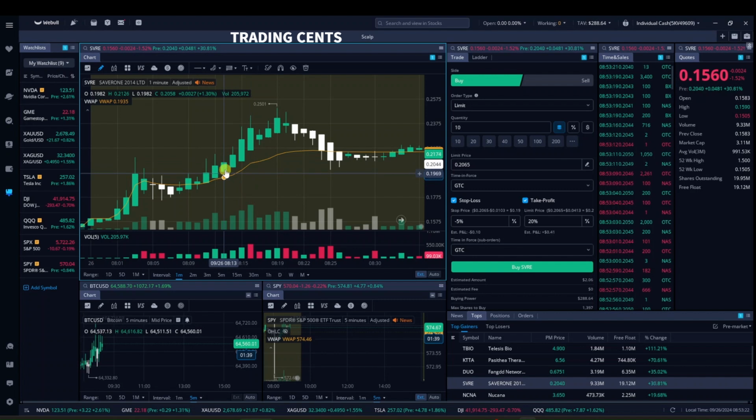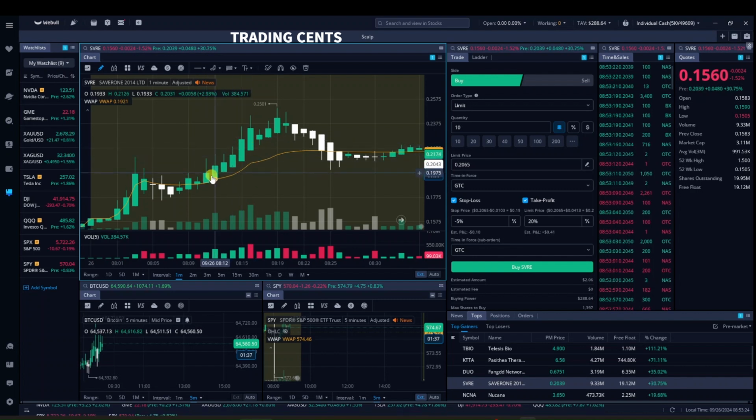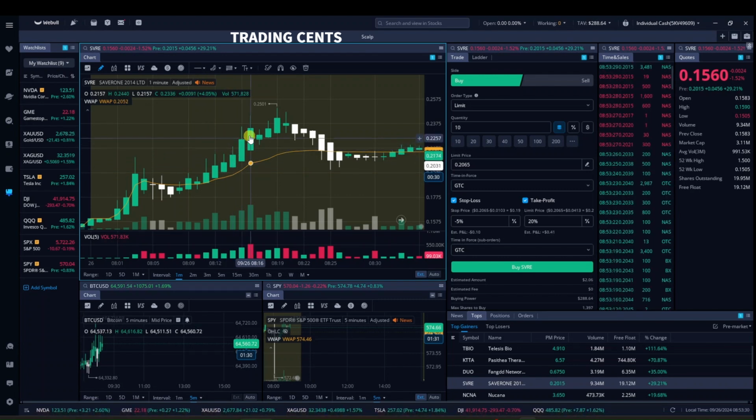But in this case, looking at this chart for the first time as I am, I would probably be looking to get in right up in here somewhere. And I'm going to get out right up in here. These are 1 minute candles. Again, I'm going to get out in 1 minute or less. I'm not going to continue to hold for this.